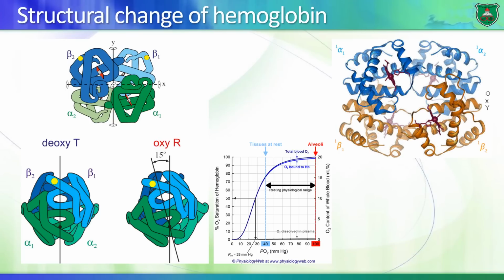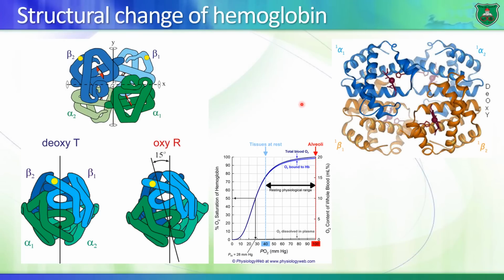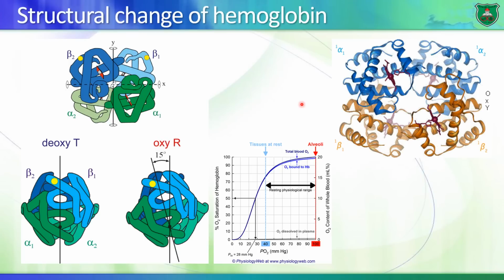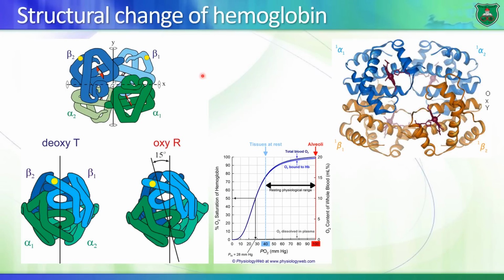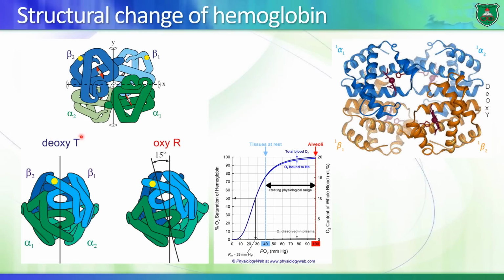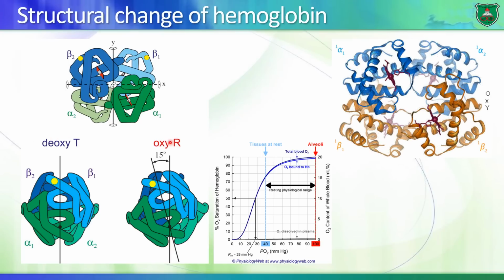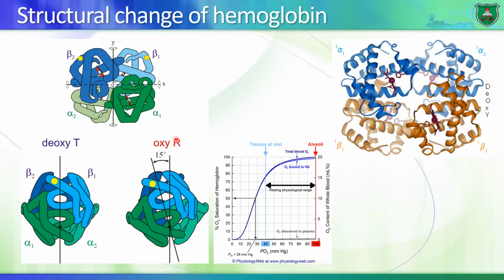Now, it has been found that hemoglobin has 2 structures. A structure known as the T form, and the other one is known as the R form.